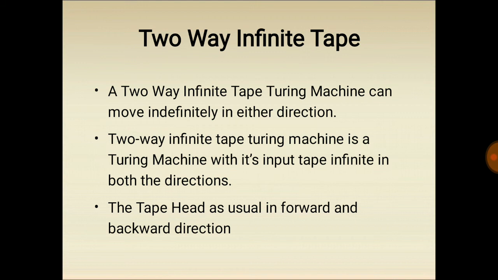Two-way infinite tape Turing machine. A two-way infinite tape Turing machine can move indefinitely in both directions. It is a machine whose input tape can go infinitely in both directions, that is, left or right. The tape head, as usual, can move in forward and backward direction.